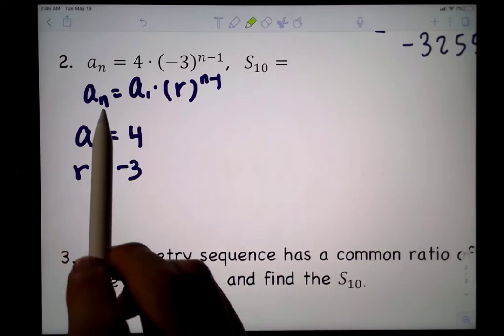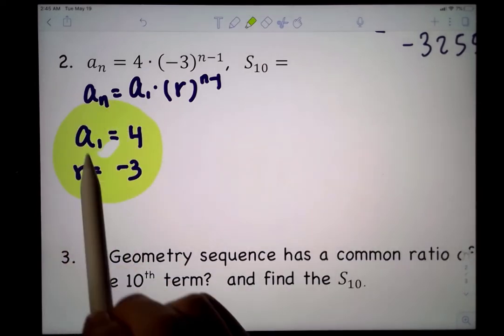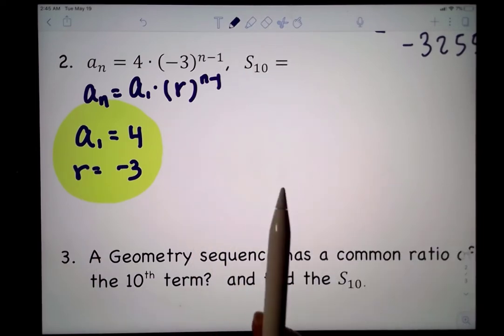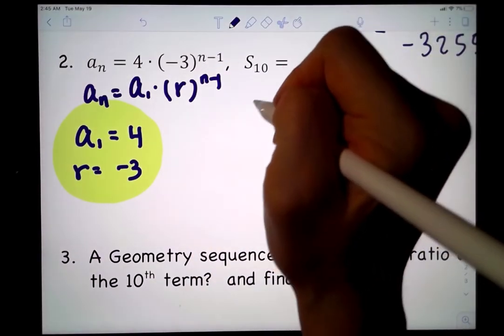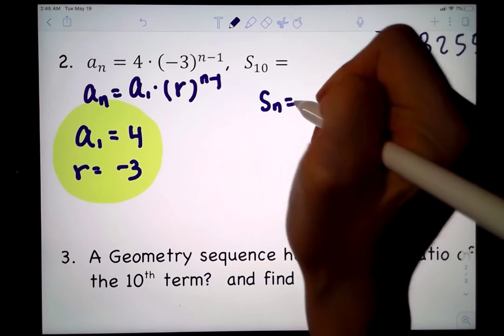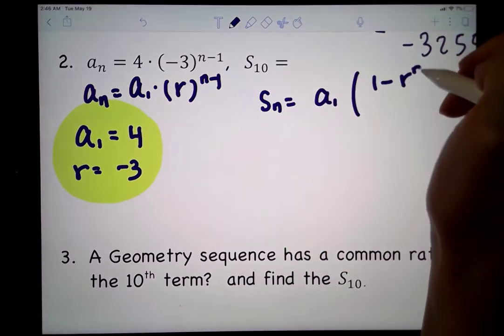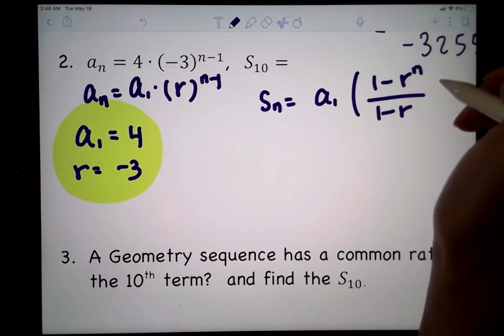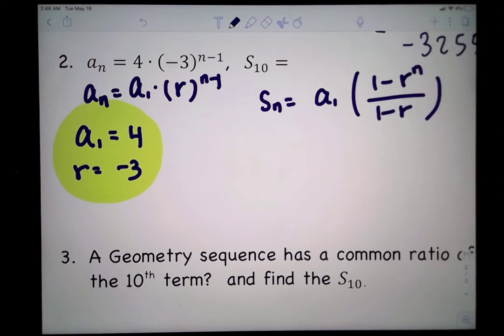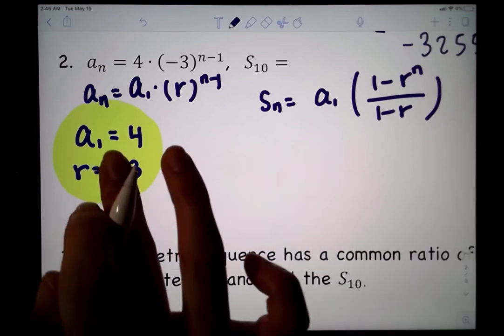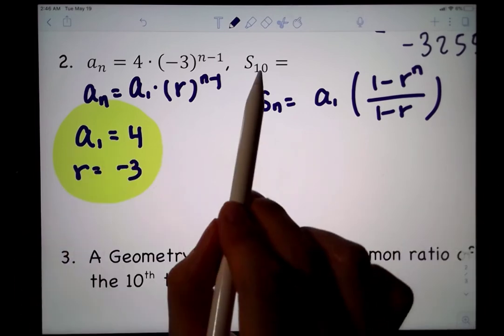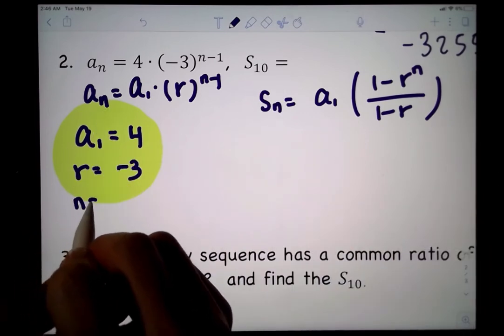So whenever you get this, we can just apply it to the formula, right? The sum formula is Sn equals A1 times (1 minus r to the n) over (1 minus r). So this is my sum formula, and you just plug in the numbers, and my n is 10.